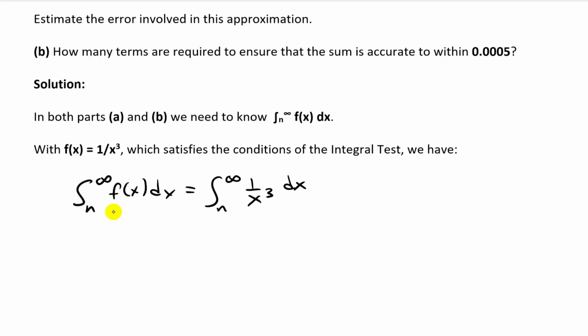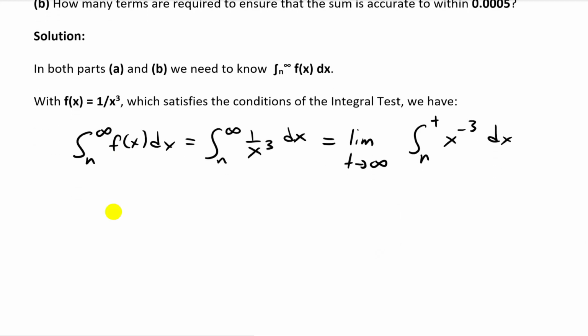And this is an improper integral, so we need to do the same thing as always: the limit as t approaches infinity, with the integral from n to t. Instead of writing 1 over x cubed, I'm just going to write x to the power of negative 3, so it's easier to solve for the integral. It's the same thing, a power function; just put a negative, you can flip it to the bottom or the top.